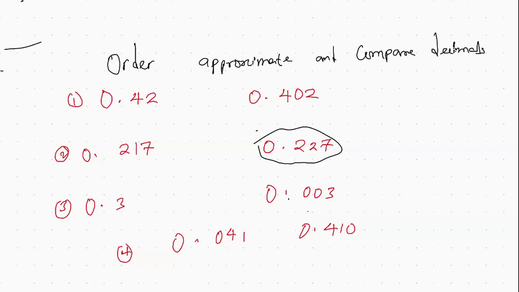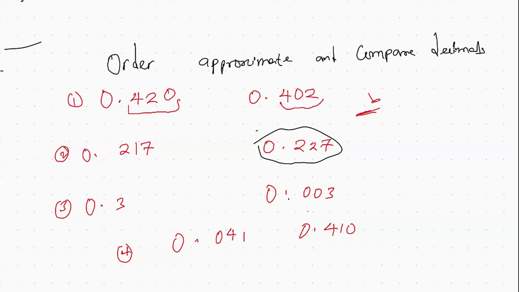When you check this one, I told you earlier that you have to make them the same number of decimals. So this one is 0.420 with 3 decimals, so you are comparing 420 with 402. This one is bigger, so it is circled here.